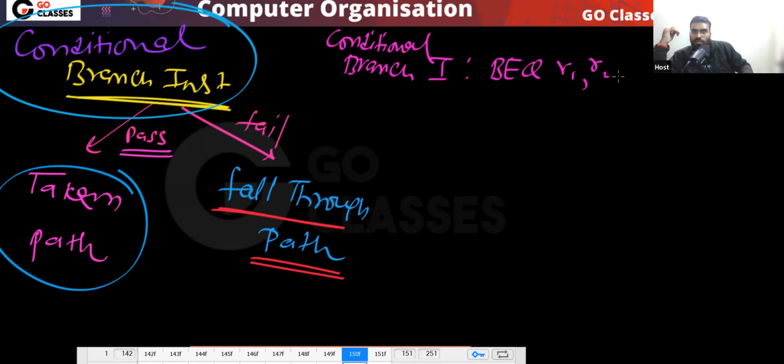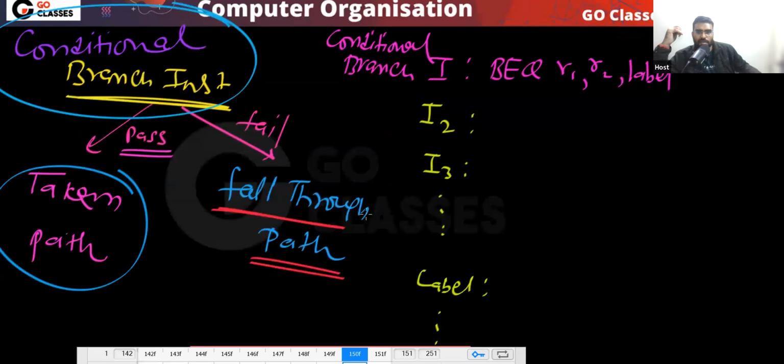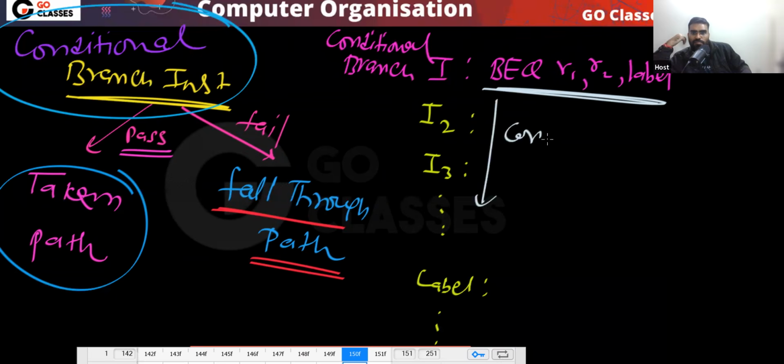BEQ R1, R2, label. So tell me, this is your I2, this is I3, and this is the label. Which is the taken path and which is the fall through path? If the condition fails, where will you go?